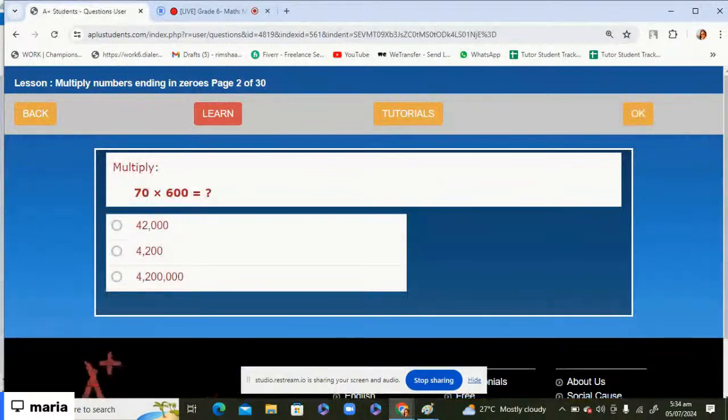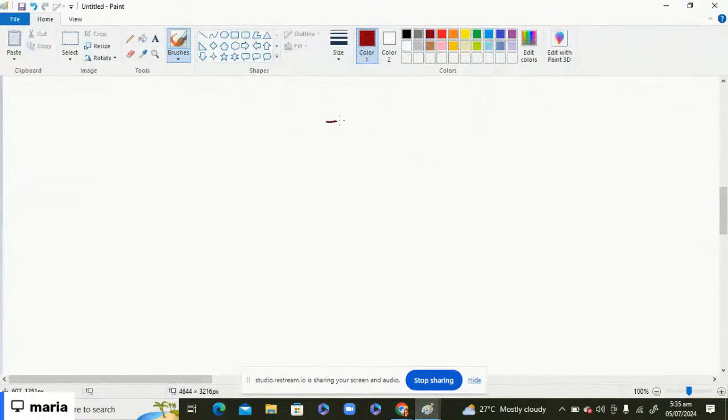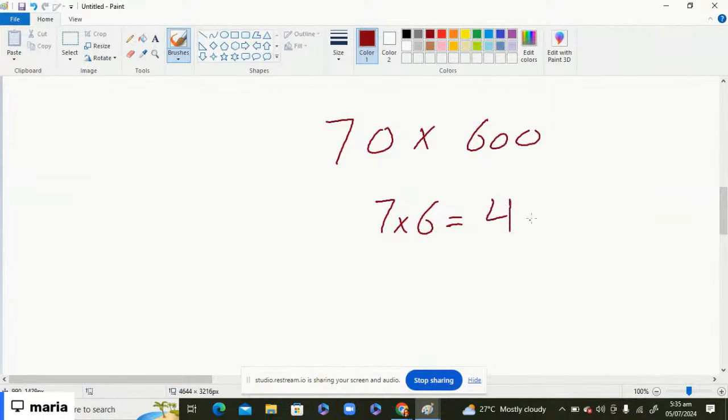Now multiply this one. 70 times 600. Just simply take first the non-zero digits. 7 times 6 is 42. Putting 42 here.